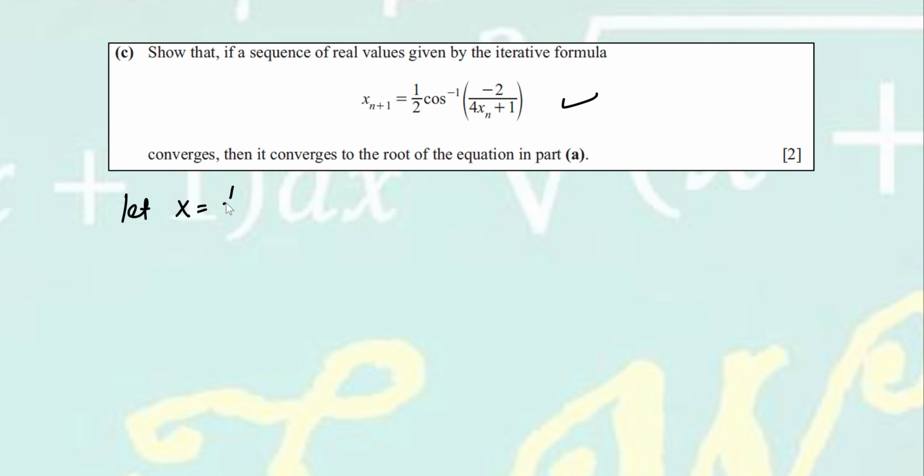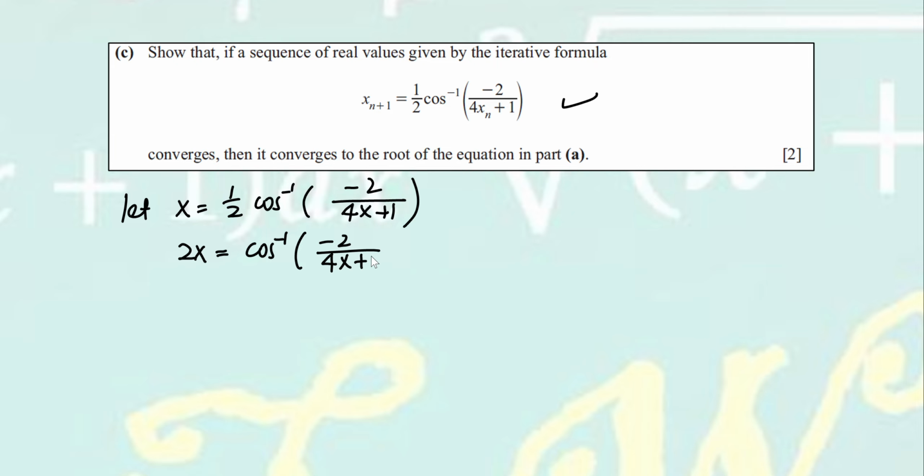Firstly, ignore all the subscripts. So first of all, times 2 to the whole equation. And then move the across to the other side.